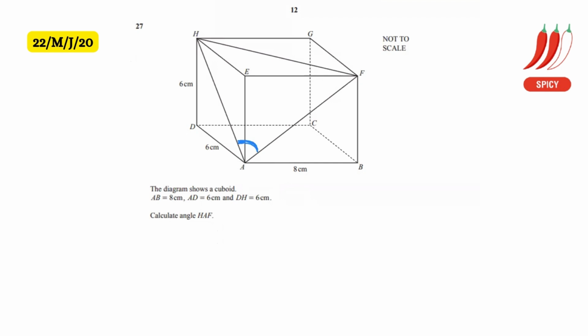So if you notice, we have one right angle over here, another one over here, and this one over here as well. If this is 6, this is also 6. If this is 6 and this is 6, this is also 6. And this is also 6.